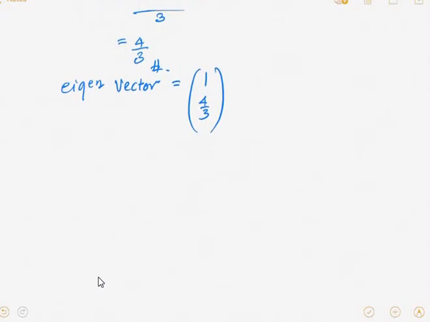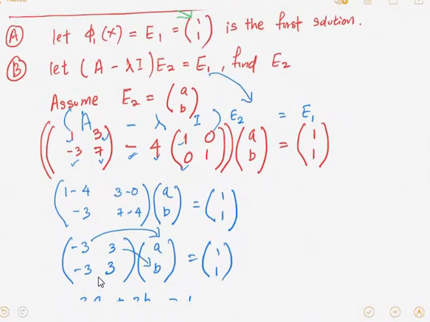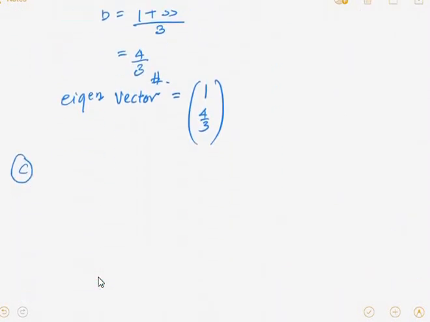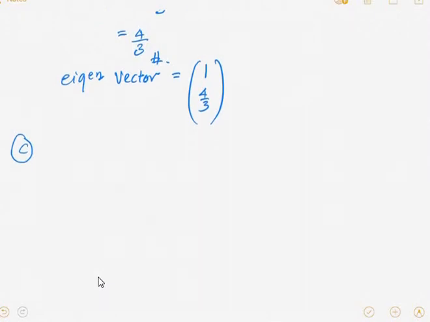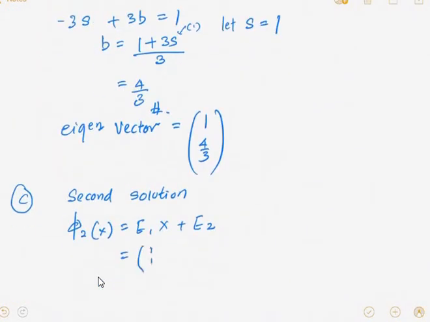And then the second solution, so C. Okay, just now you have B, and then we go to C. The second solution, vector 2 of x equal to e1 x plus e2. So e1 from the first part is 1, and 1x plus e2.